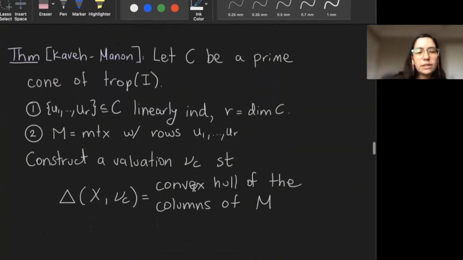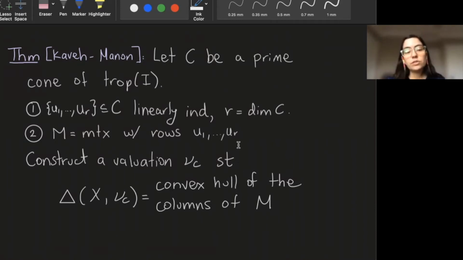So Sturmfels and Kumers tell us that if you start with a prime cone of the tropicalization, then for each prime cone of the tropicalization, you can construct a valuation, and the method is the following. Let's suppose that your cone has dimension r, and you're going to pick r elements in your cone that are linearly independent.